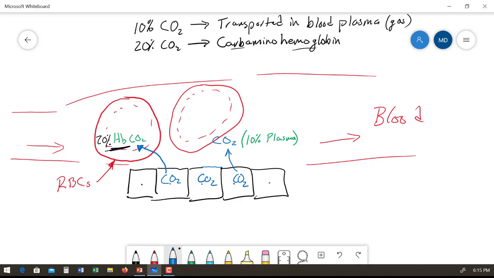The final 70% of carbon dioxide goes into red blood cells and gets changed, so 70% of this carbon dioxide gets changed into bicarbonate, HCO3 minus. So if we go up here, the final 70% of carbon dioxide is transported as bicarbonate.